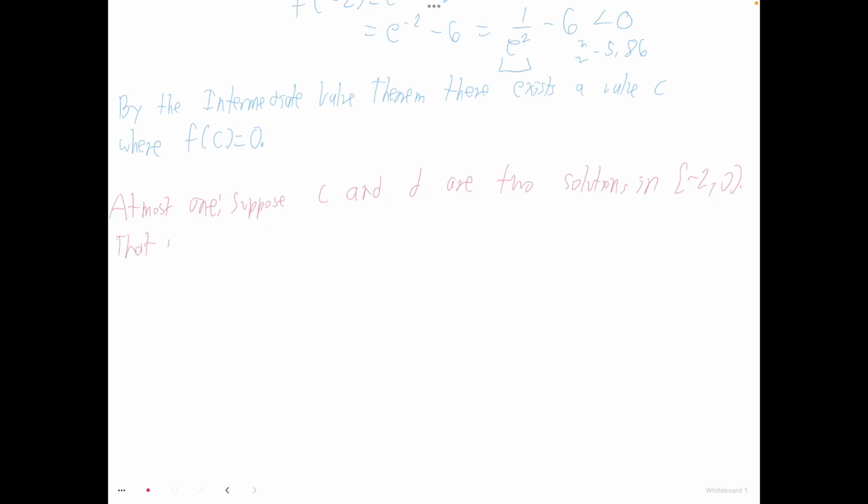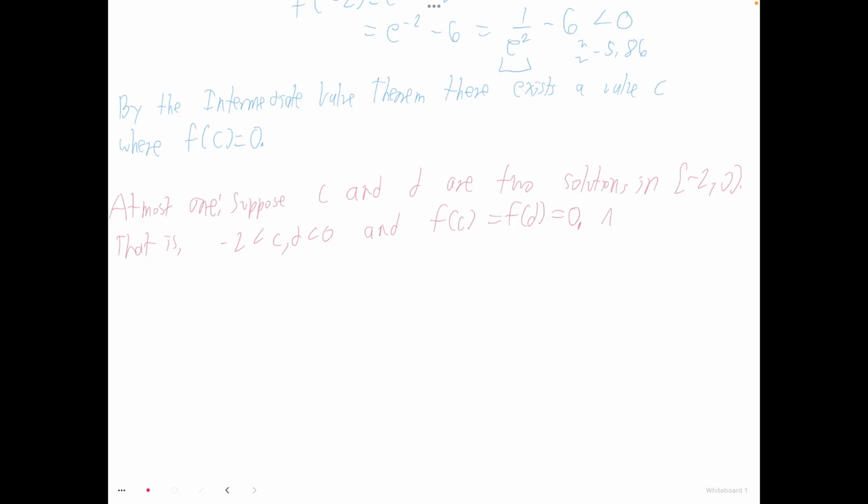So that is negative 2 is less than C and D, and that's less than 0. And f of C equals f of D equals 0. Okay, so we're assuming we have two solutions.